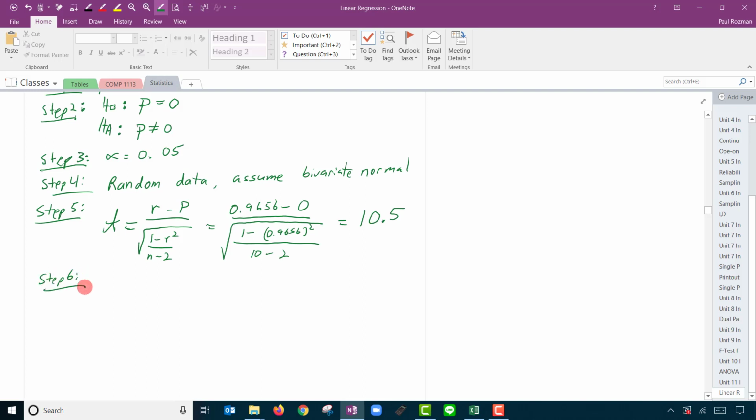Step 6, this is a two-tailed test. Maybe we should do this one traditionally, because I know I'm not going to find 10.5 on my T table. So let's do the traditional method.